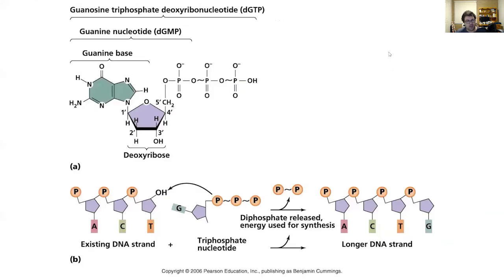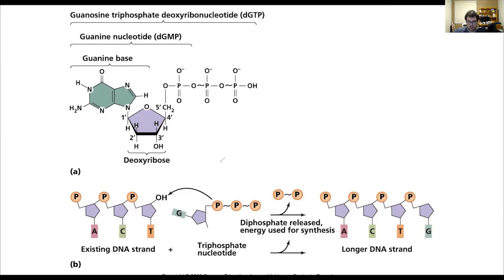Okay, and one of the things I wanted to highlight here is that we have a really good understanding of how all of this works, to the point where we know how these nucleotides exist as free nucleotides in our cells.